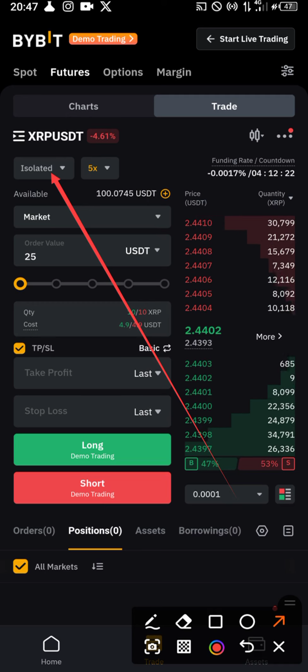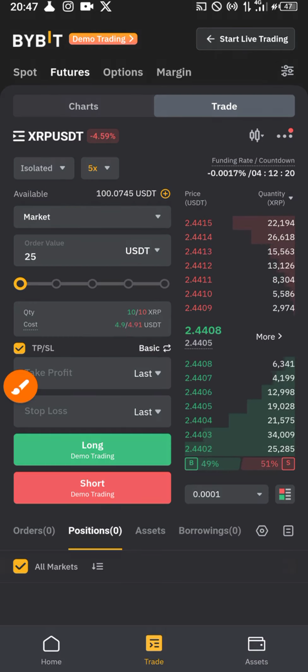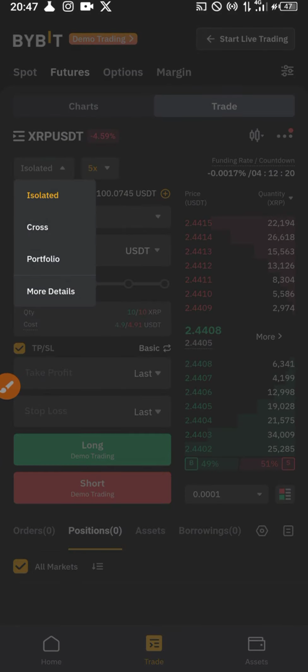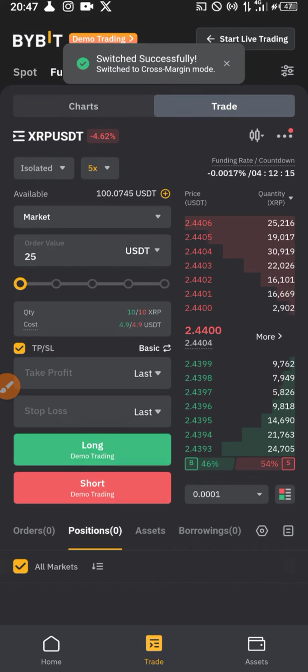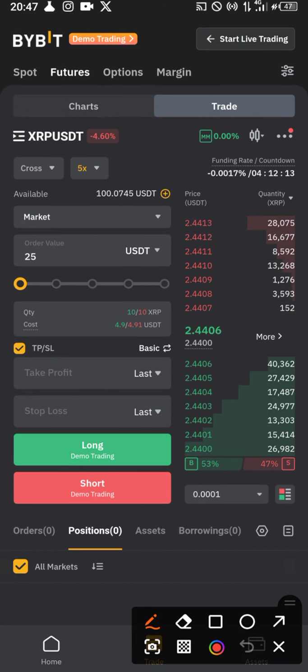What is isolated and what is cross? If you click here, we have isolated and we have cross. When you select cross, that means you are using the amount in your order value. That's the amount you are risking when you select cross.